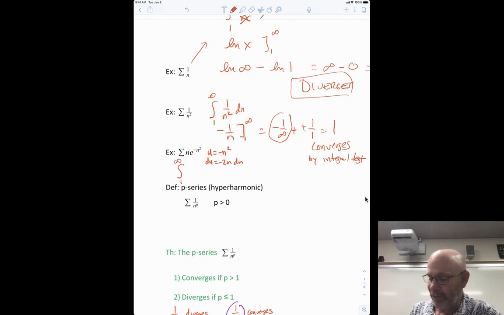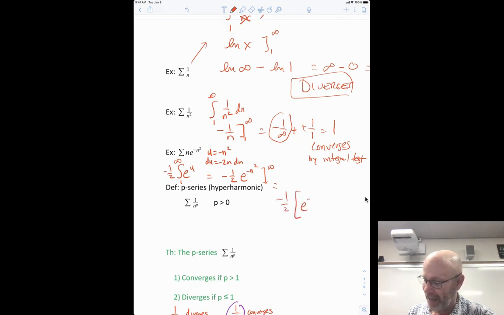So we're going to go 1 to infinity. I'm going to have a negative 1/2, which I'm just going to put in there. And then it's going to be e to the u, which is negative 1/2 e to the negative n squared from 1 to infinity. I'm going to factor out that negative 1/2, and I'm going to get e to the negative infinity squared minus e to the negative 1.